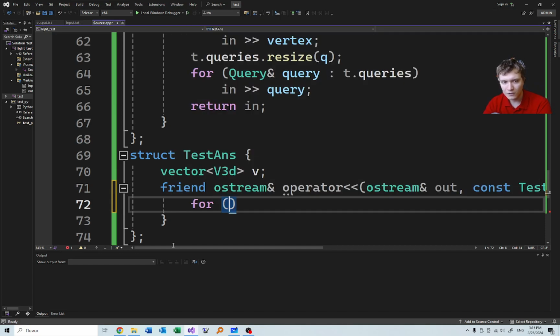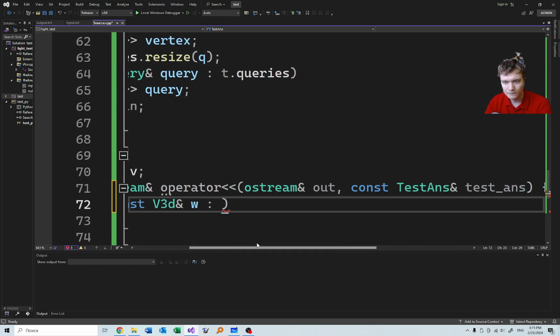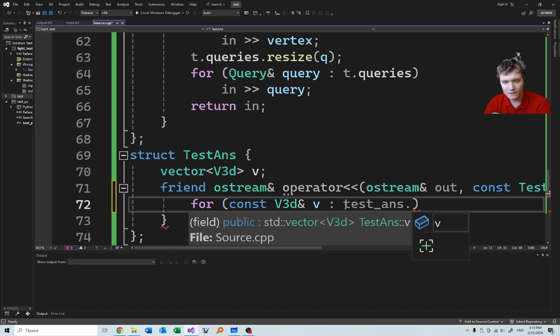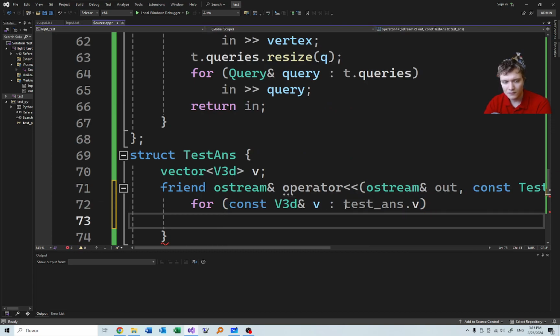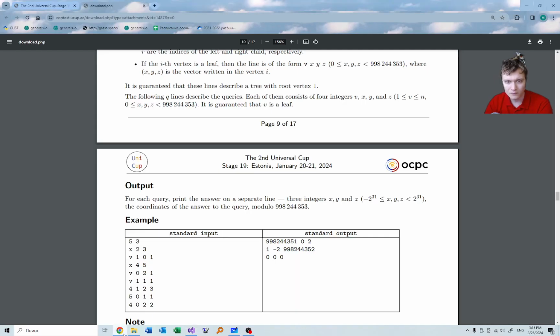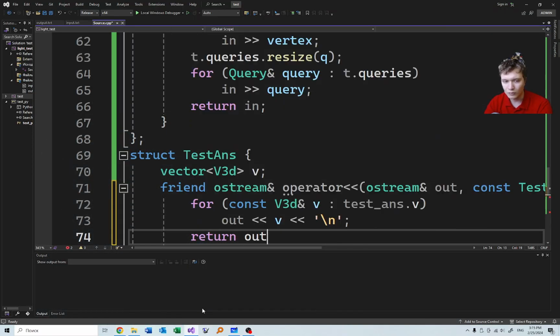So for v3d a vector from v testans.v, we need to print v, and then we return output.